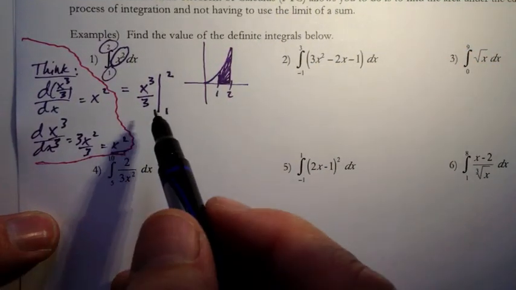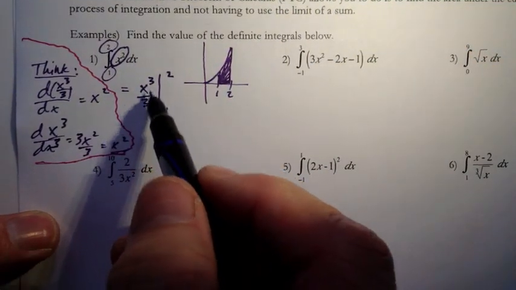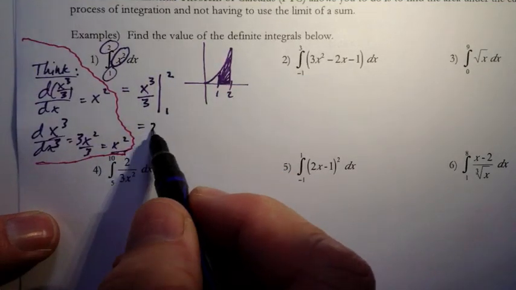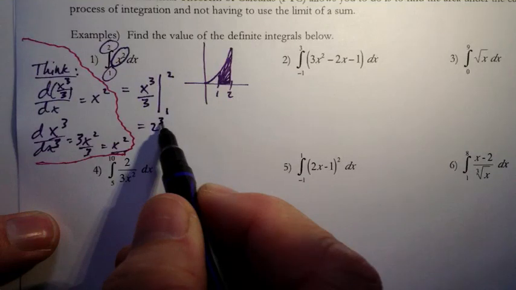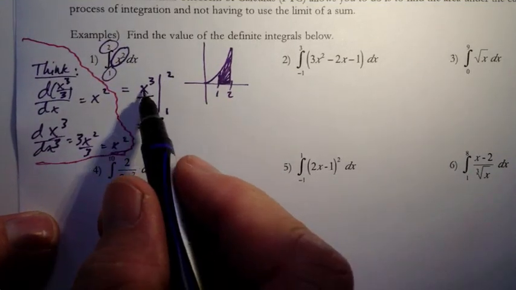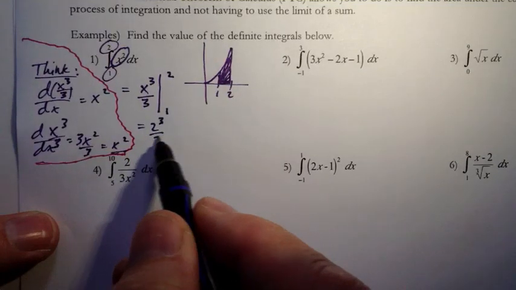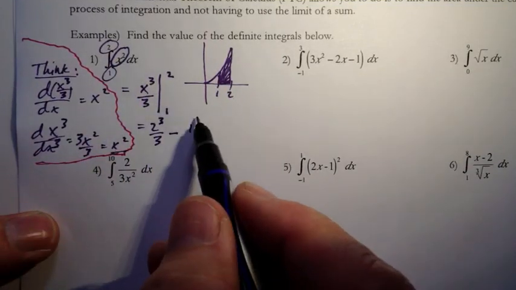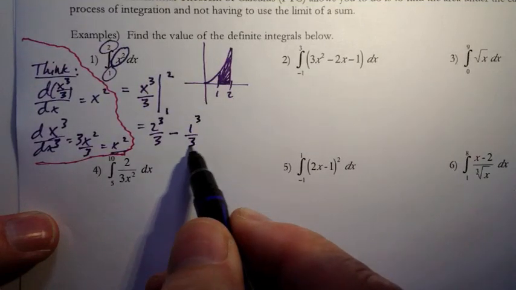So x cubed over 3 evaluated at 2 first means we want to substitute 2 for x, and write down 2 cubed over 3 minus, now 1 in for x, 1 cubed over 3.